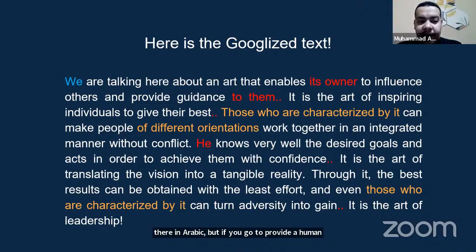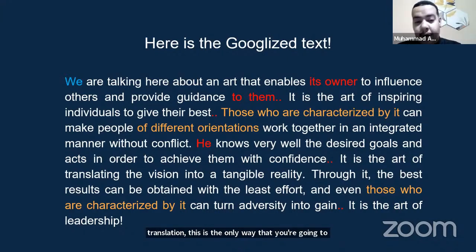So I believe this is a very smart act by Google in order to move the structure of the sentence forward, in order to provide you with a much better and more understandable process. So adding this pronoun in the beginning of the sentence is very nice. And if you're going to provide a human translation, this is the only way that you're going to start the sentence.